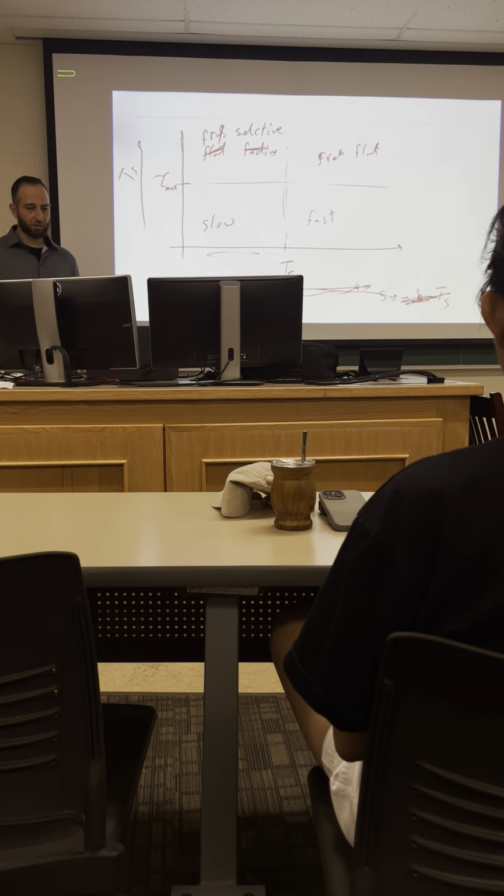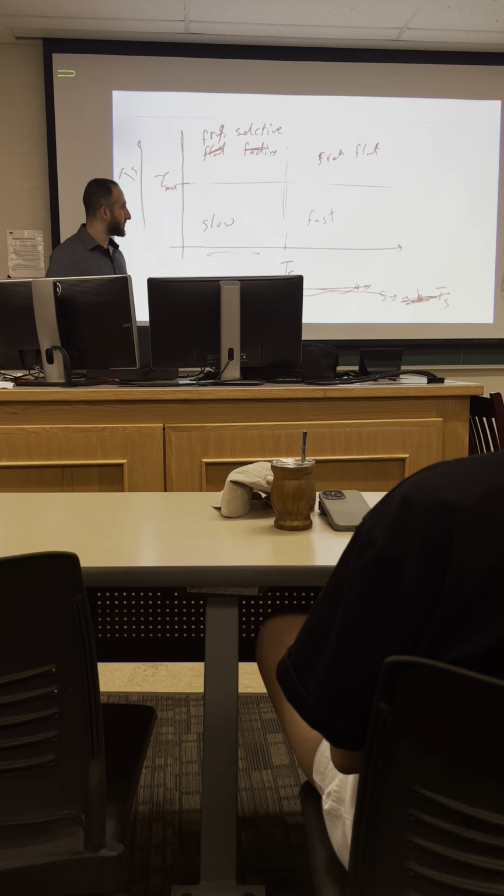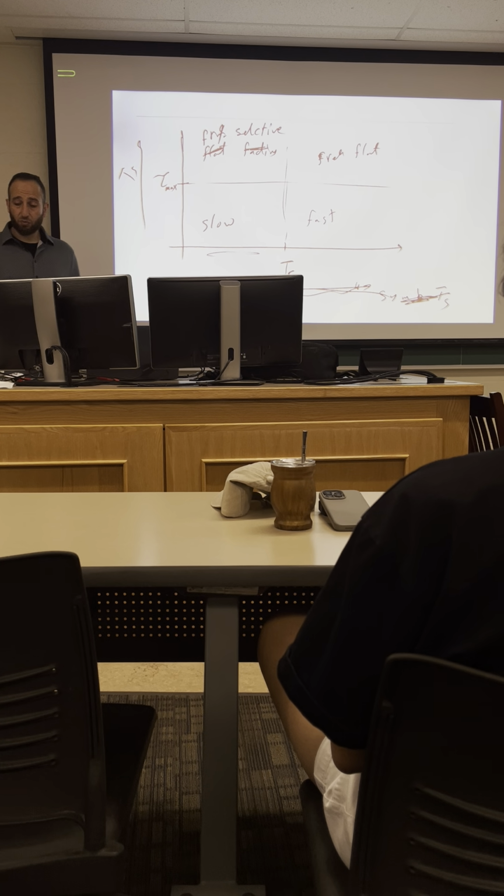Okay, so I will plot it in a nice way, and I will post it with the updated one. But what I need to discuss here is you might experience two types at the same time. You can't experience three types or four types. Why? Because you can have slow or fast. You cannot have slow and fast at the same time.